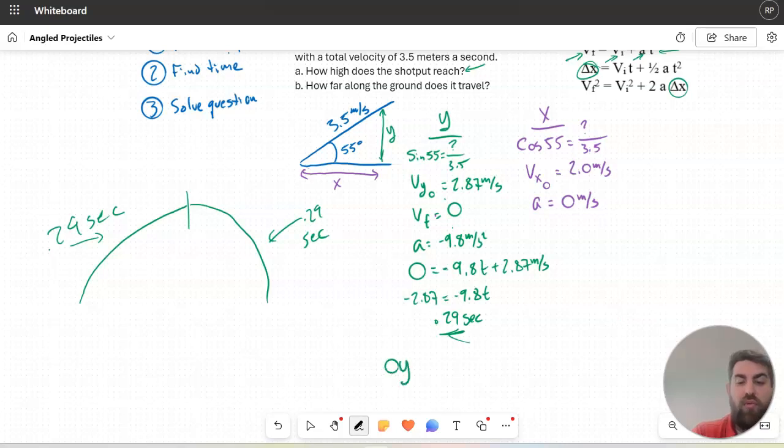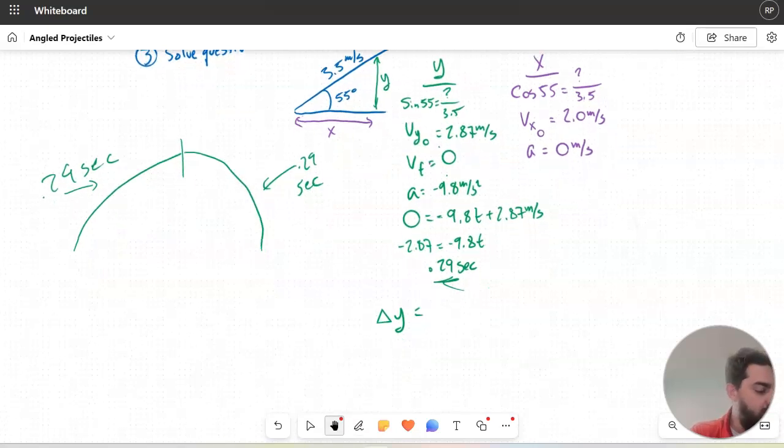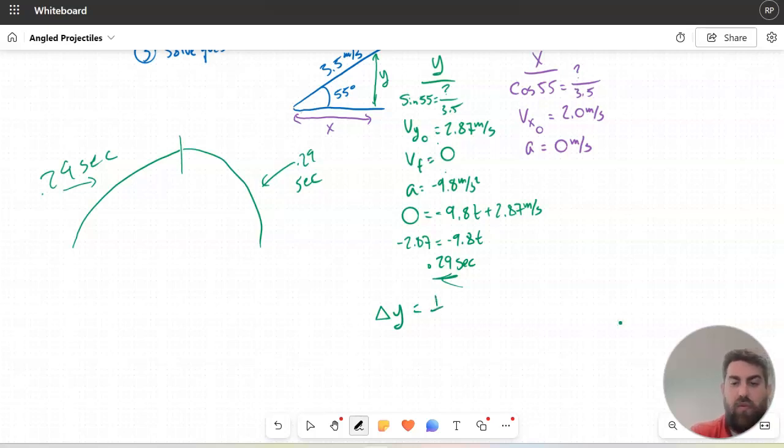So the change in y, I don't want circle y, I want delta y. Okay, so the change in y equals 1/2, excuse me, times negative 9.8 times 0.29 squared.